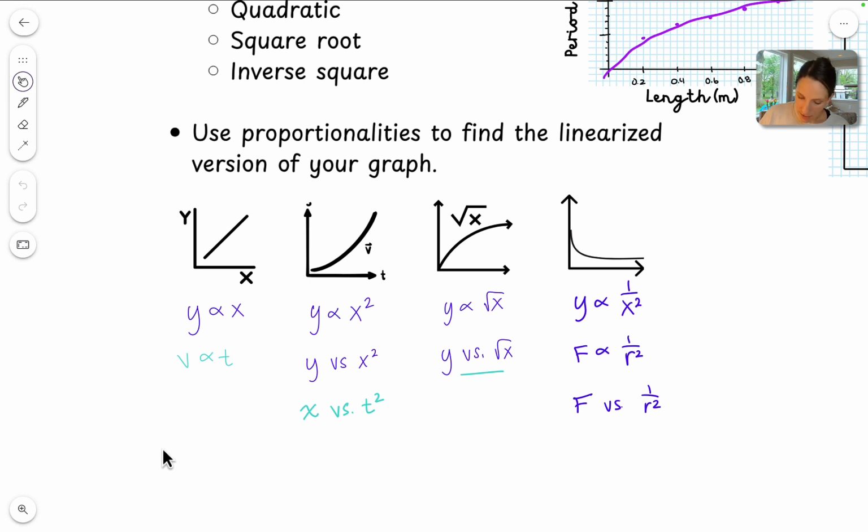And in this case, our graph shows that our y-axis value t is proportional to the square root of our x-axis value L. And let me just show you another way that we could write this that would mean the same thing. We can also write this as t squared is proportional to L. If we square both sides, we're getting the same idea here.